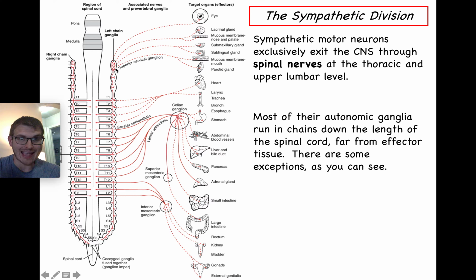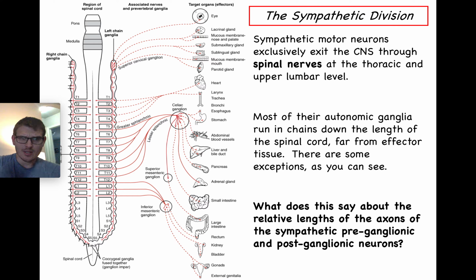This would be the ganglia on the left side of the spinal cord, and then you'd have some symmetry here with a set of ganglia on the contralateral side. The thing to look at here is that the ganglia, based on this picture, are located pretty close to the spinal cord itself and pretty far away from the actual effectors.